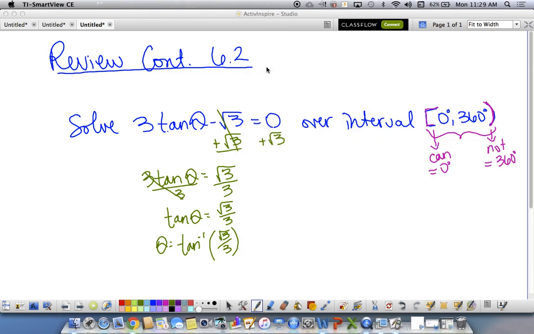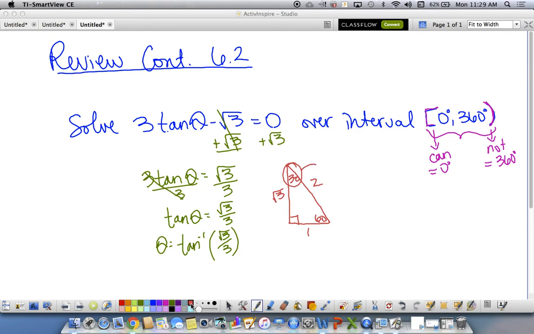Okay, it tells me that I have a 30, 60, 90 triangle. And then I'm going to draw my numbers: 1, 2, square root of 3. So is tan 30 equal to 1 divided by the square root of 3, which rationalized is the square root of 3 over 3?